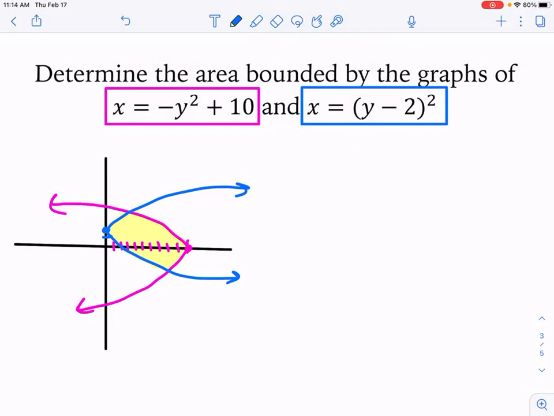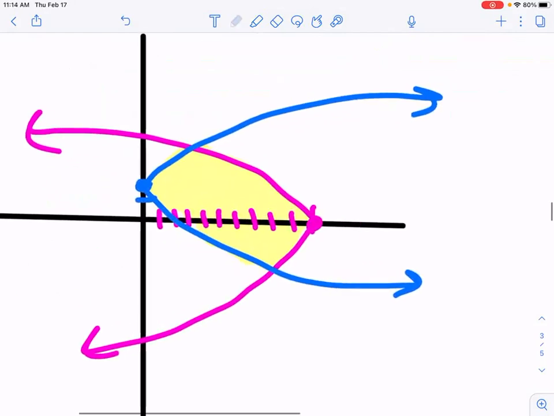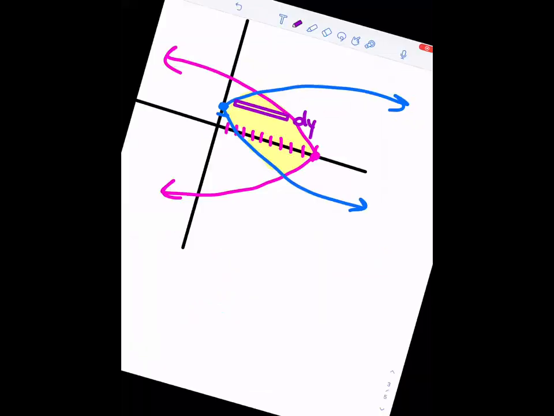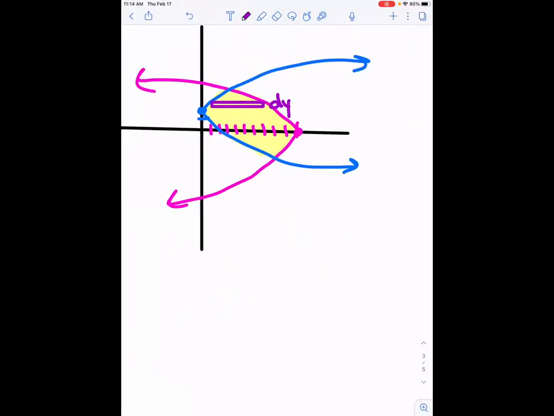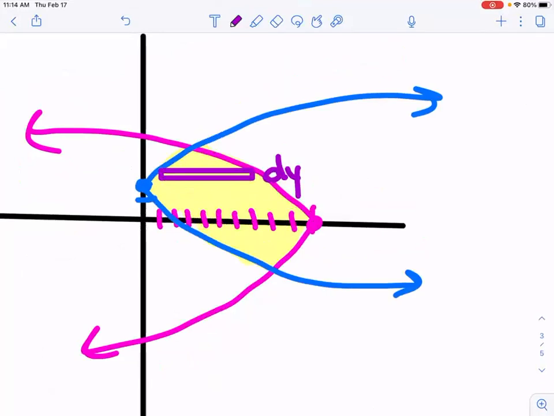So being able to draw a horizontal rectangle to complete this problem in terms of y is going to make the algebra a lot easier. Also, notice how our right function is always the pink curve, and our left function is always the blue curve. So we only need one integral.